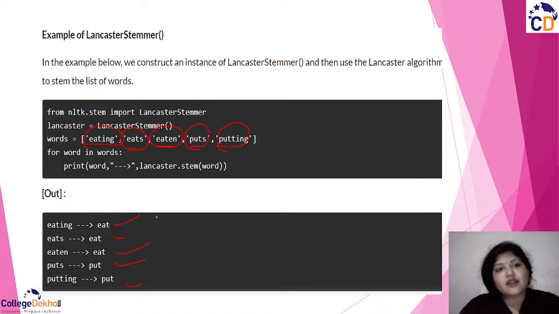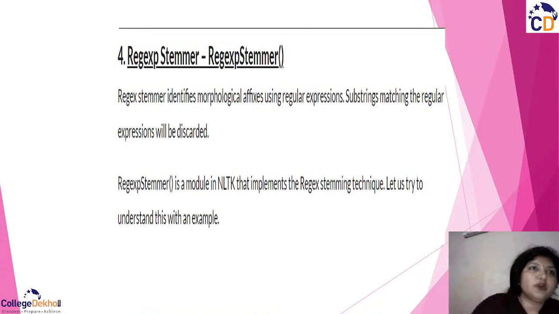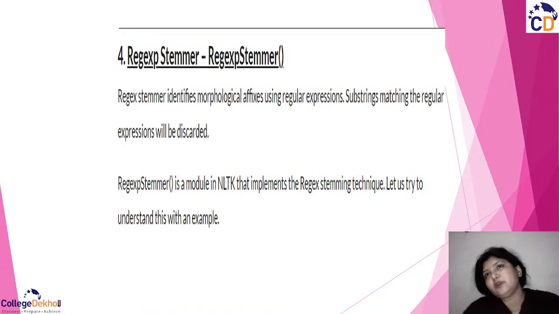So I would say there are a number of methods, you might be using a number of functions, but according to the application you are going to use the stemmer module.